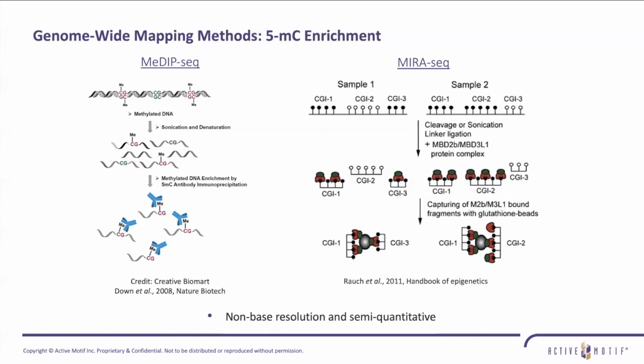Another caveat is that these methods are semi-quantitative, at least if we don't use a spike-in to normalize. We can say, for instance, we have more or less methylation in this or that sample. We have very little methylation or a high amount of methylation, but we cannot say we have 5 or 10% more methylation without at least using a spike-in. So it's an inherently semi-quantitative method.